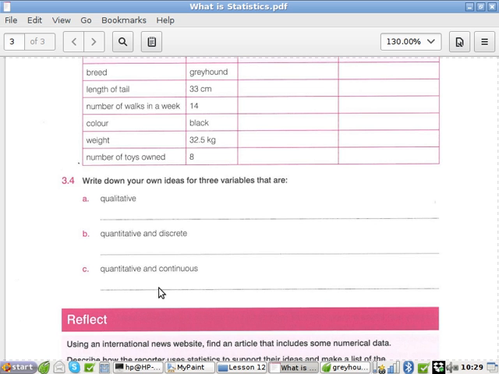Okay. And then quantitative and continuous, Nader. The size of the class. Yeah. Now, the classroom. How big the classroom is. Medina? How many minutes? Okay. Mike?